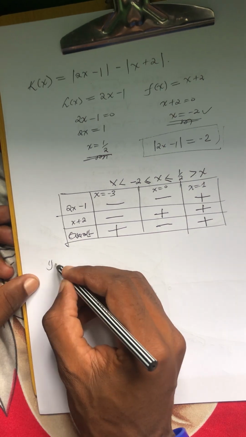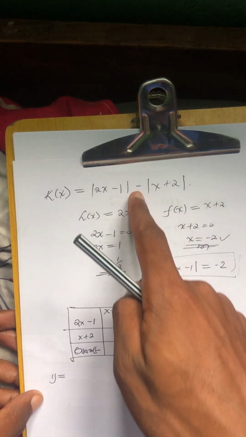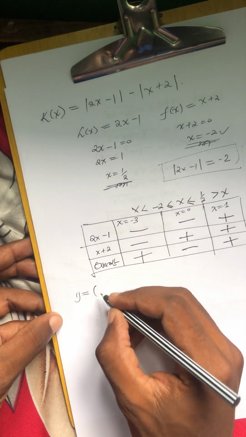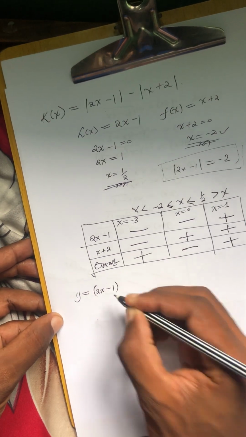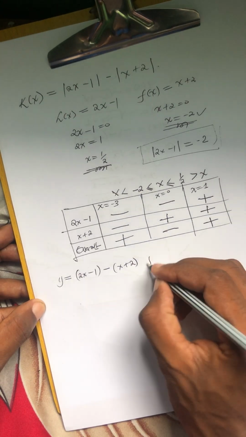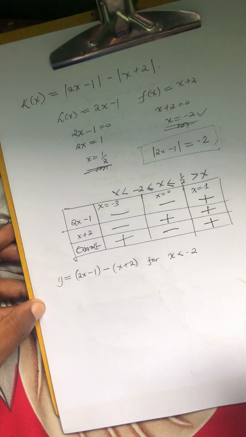So we say y is equal to, you write this, you remove the moduluses, you introduce the parentheses, and make sure that the sign is there. So 2x minus 1, then minus x plus 2. This is for the region where x is less than negative 2.